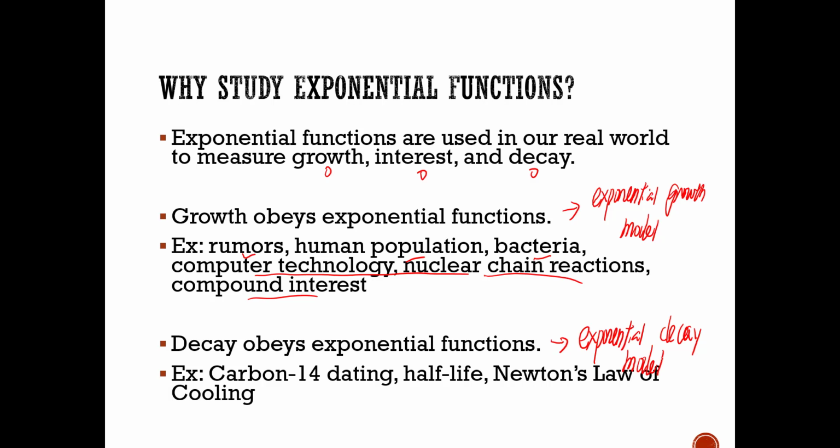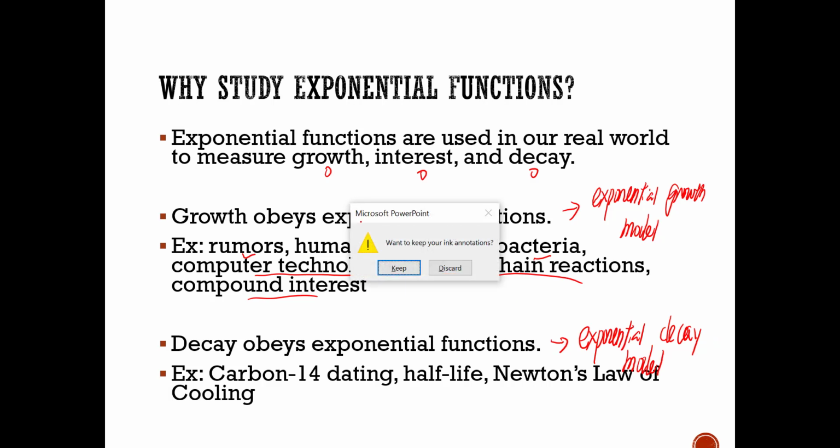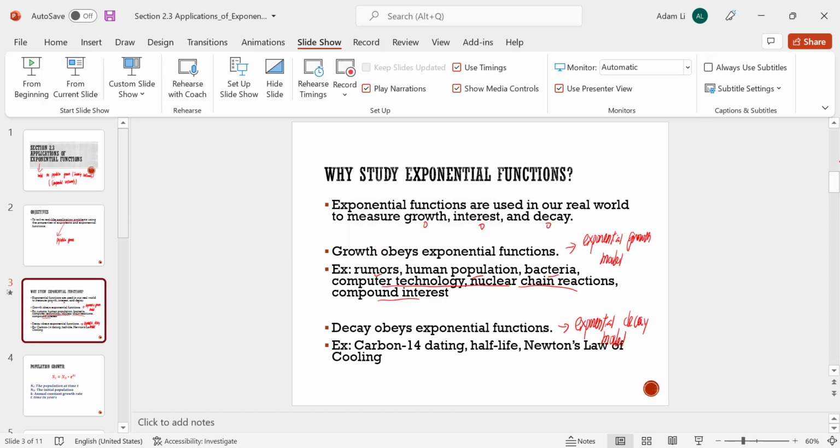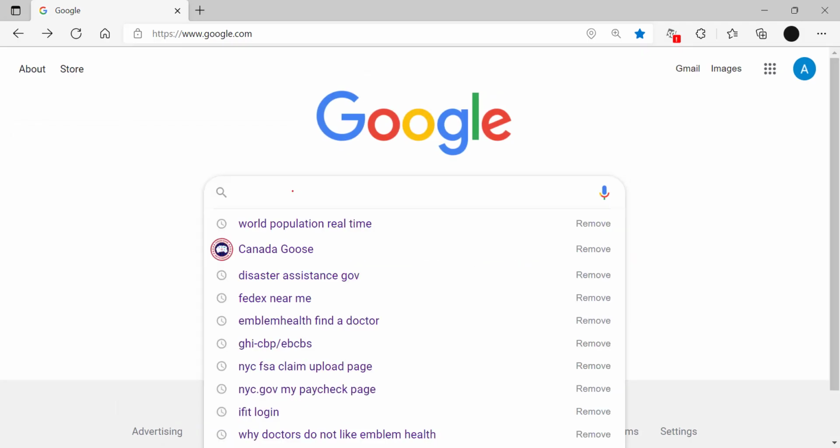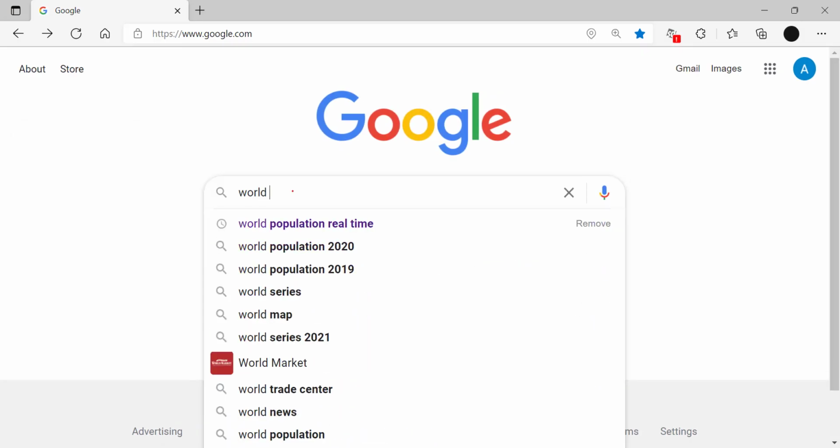Now I'm going to show you some real-world data about population growth. Okay, so you go to Google and type in world population real time.